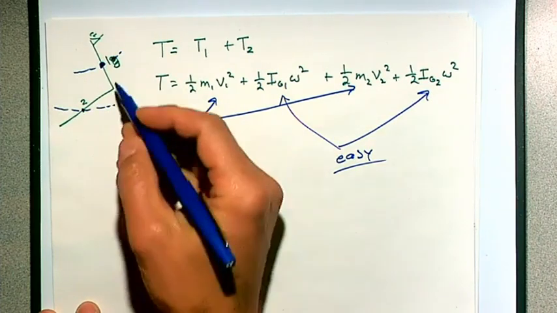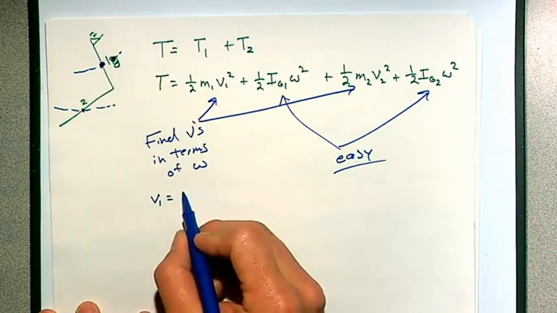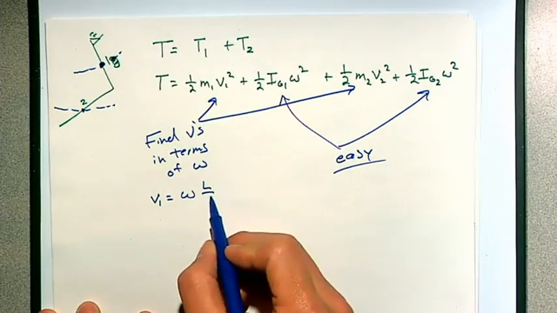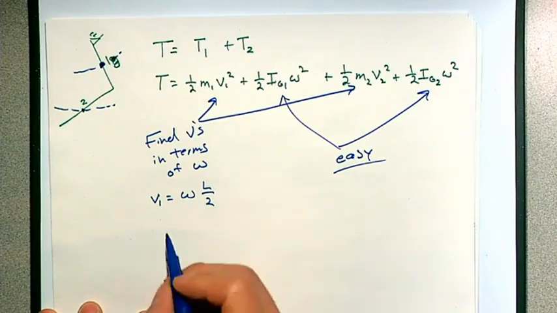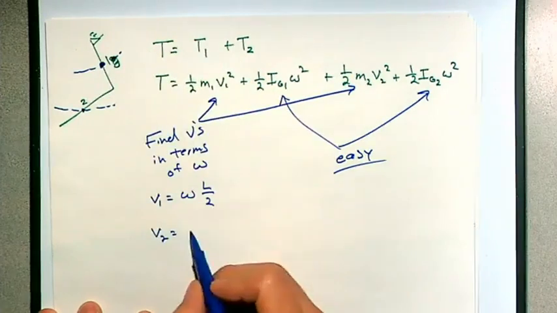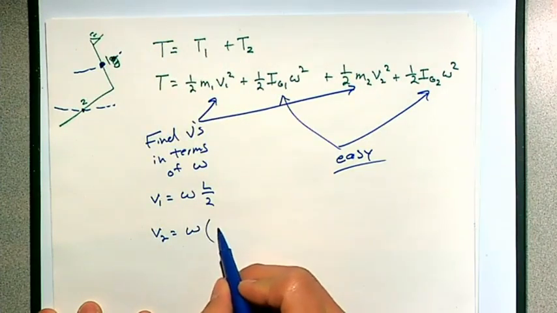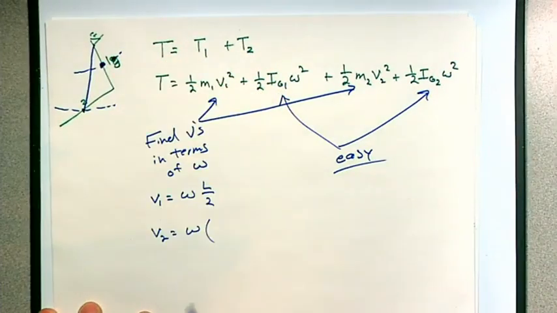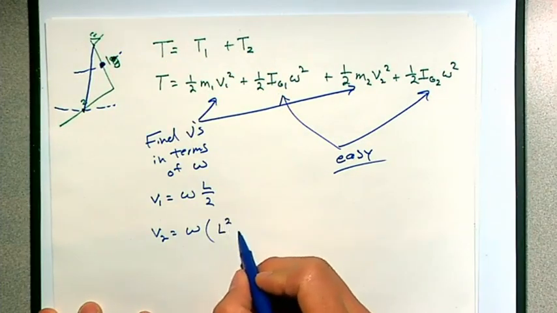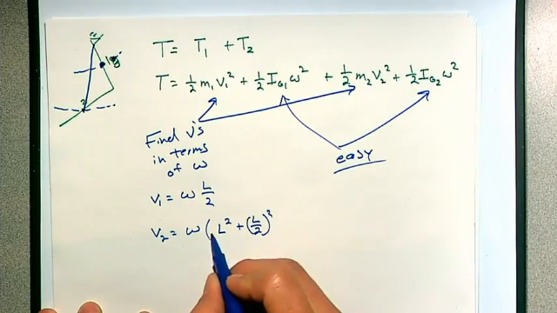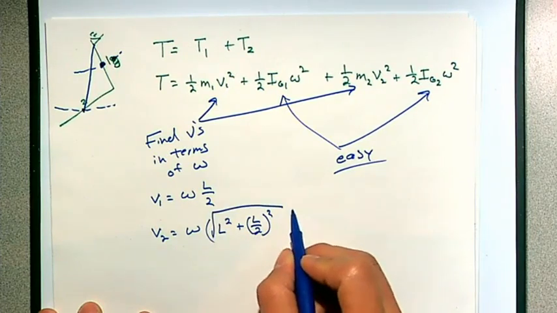So V1, its velocity is omega times the distance, L over 2. My V2, omega times its distance. That distance, remember, was this funny little triangle: L squared plus L over 2 squared, square rooted.